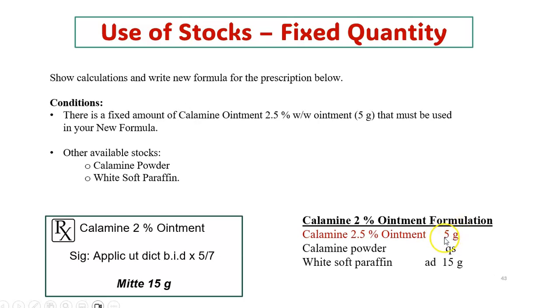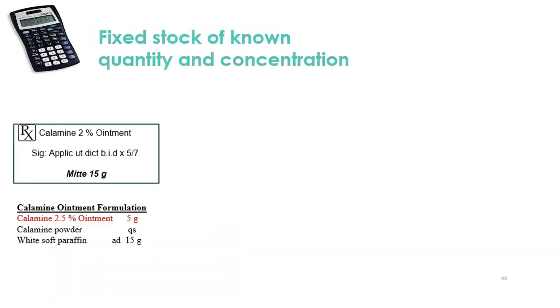An aliquot is a known portion of a dilution that was made. So here we have a stock, which is a dilution that was made. Its identity is 2.5%, which means 2.5 grams of calamine is in every 100 grams of this stock on your shelf. But we are using 5 grams of it, so we need to check, using ratio and proportion, how much drug is being carried by that.